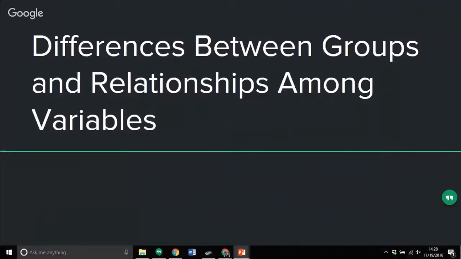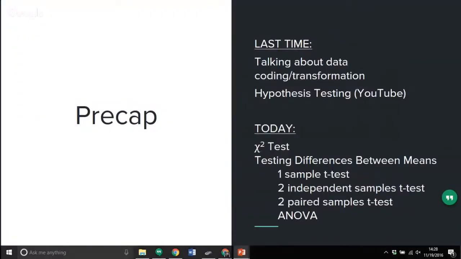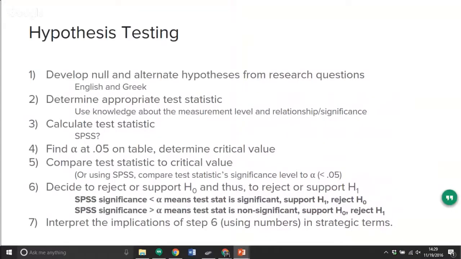So let's start off with a little bit about hypothesis testing, because I had mentioned before that we were going to get into the statistics, but we're not going to look at it from a heavy statistics angle so much as we let SPSS calculate out the statistics for us.